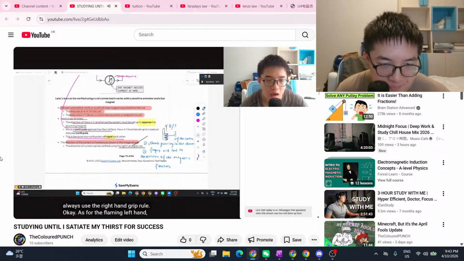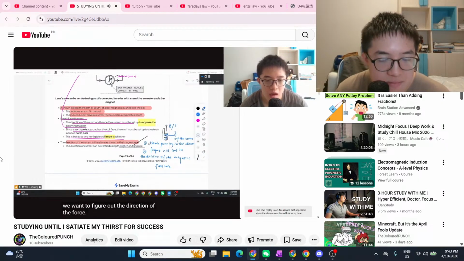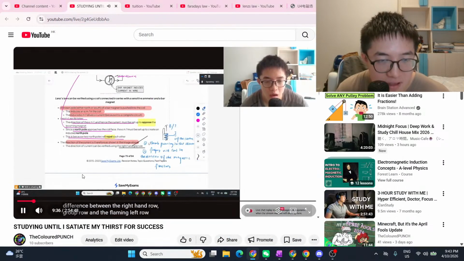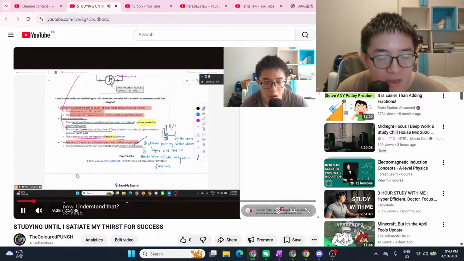As for Fleming's left hand rule, if you want to figure out the direction of the force, we always choose Fleming's left hand rule. So you know the difference between the right hand grip rule and Fleming's left hand rule. Understand that? Okay, no problem.